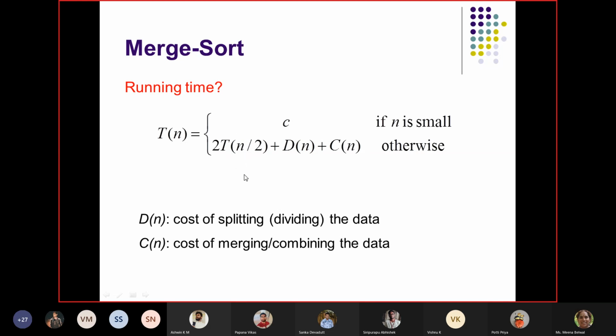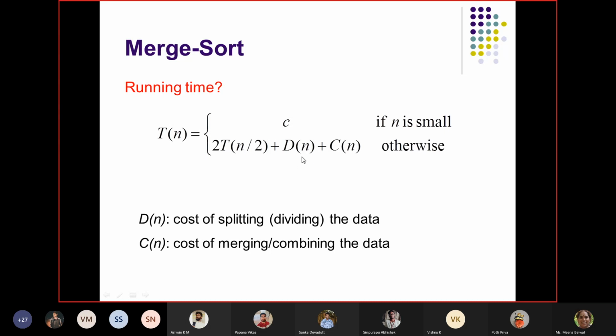We assume T(n) is the time when the data size is n. Since we reduce it to half, rather than having n, we have two halves of n, so that's why it is 2T(n/2). So it is 2T(n/2) plus the amount spent for dividing the data and the amount spent for combining the data.